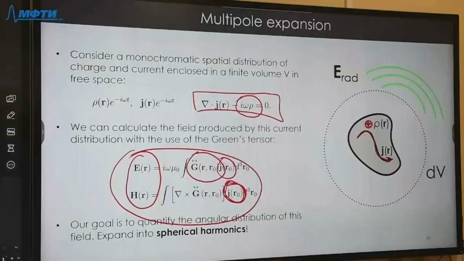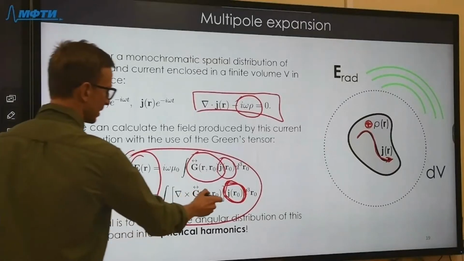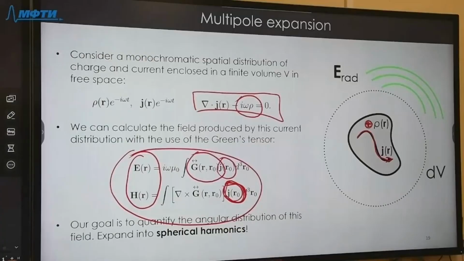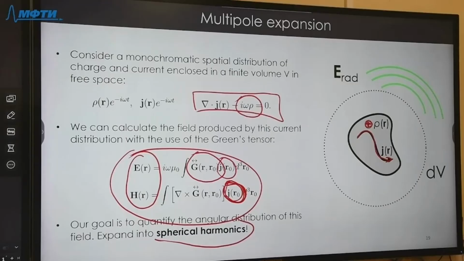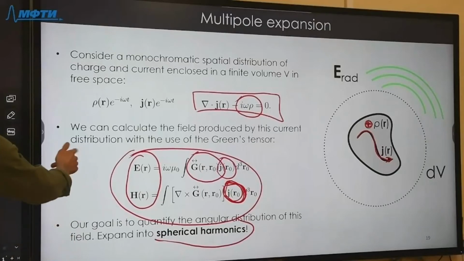And we're going to obtain a series of expressions that allow us to plug the current density into certain integral equations and to see which spherical harmonics we actually have in this radiated field. Do we have dipole harmonics, quadrupole harmonics, electric, magnetic, or something else? So this is how we're going to do this.